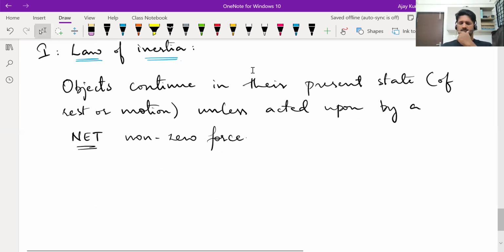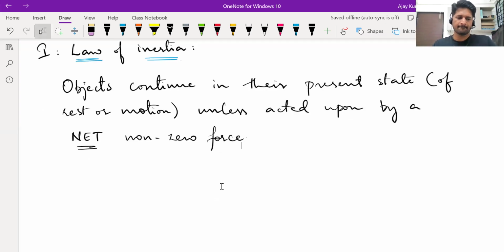So tell me, Pawan, tell me an example of an object whose state of rest or motion, as observed by you, is not changing. The statue. Statue, good example. A statue somewhere on the road. Correct.